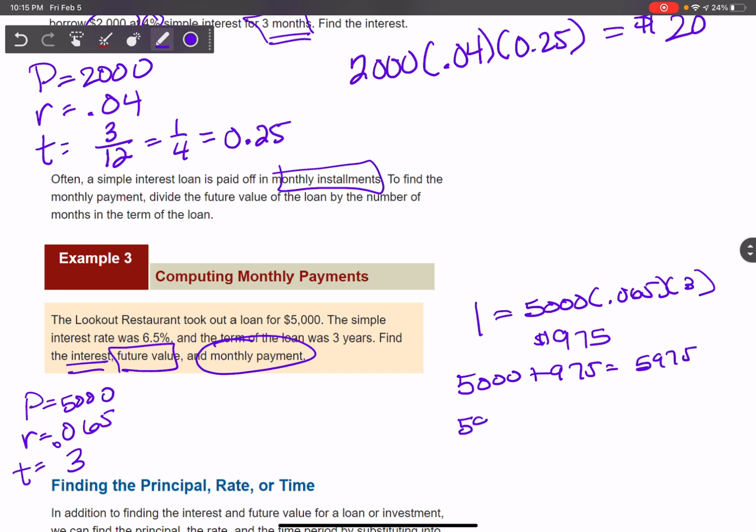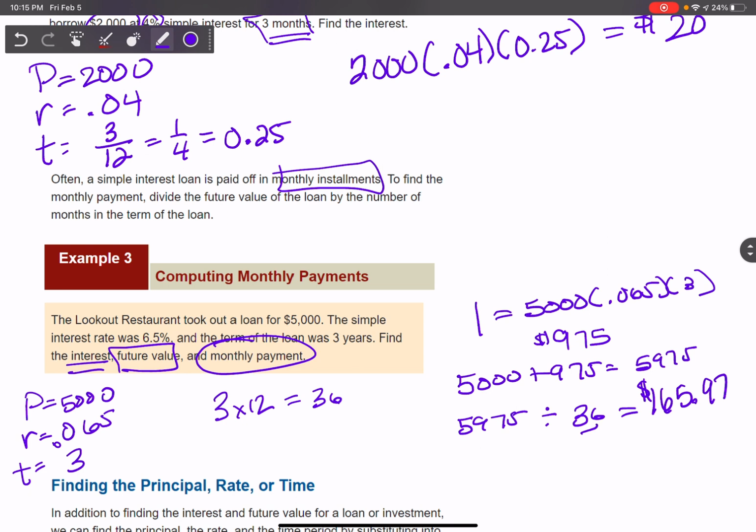And then monthly payments will be that $5,975 divided by 3 years times 12 months equals 36 months. So I'm going to divide this by 36. That's going to tell me how many monthly payments I have to make.